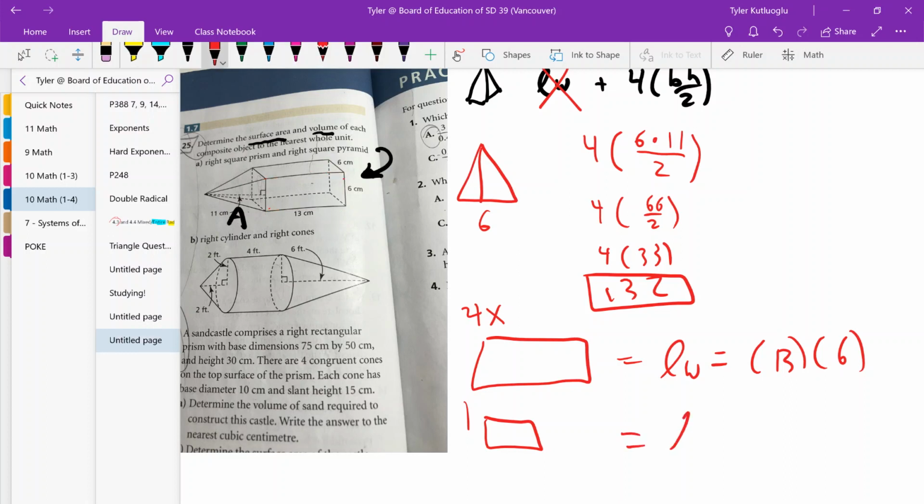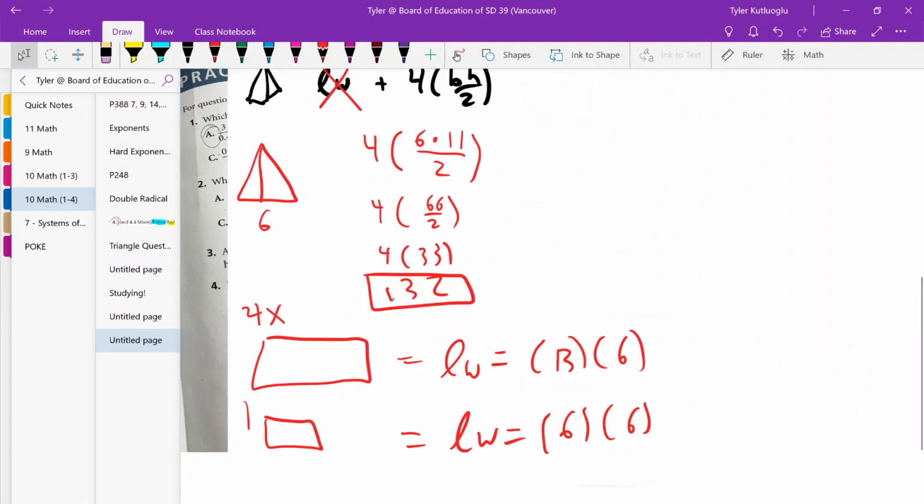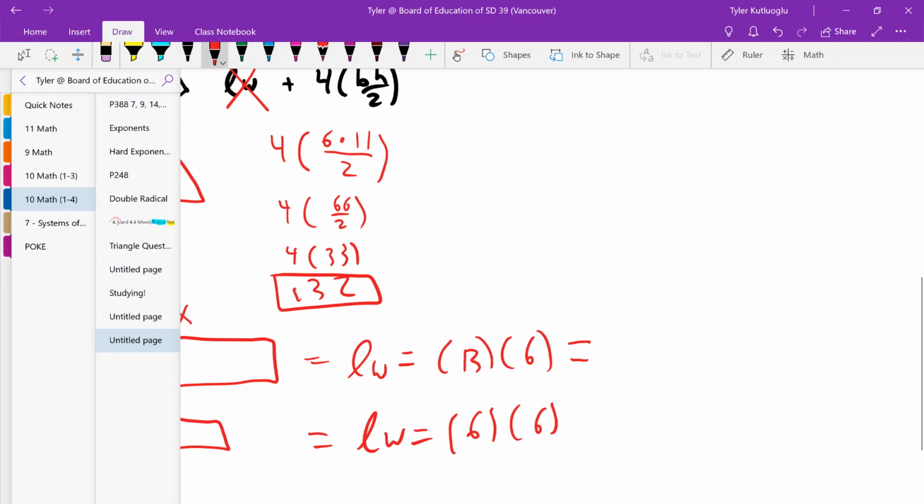When we're going to do the area of the little one on the bottom, it's length times width, it's 6 times 6, it's a little square right there. So when I actually put it in and calculate it, we get 78 and 36. So the total is 114.